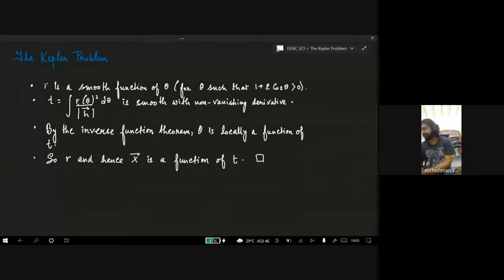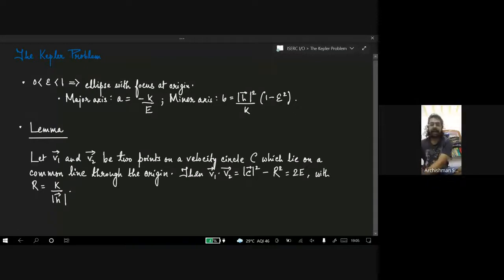The particular case that I'll be talking about is the case of ellipses in the Kepler problem. If you have 0 less than epsilon less than 1, you have an ellipse with the focus at the origin, with the major axis being k over e, and the minor axis being norm of h squared over k.